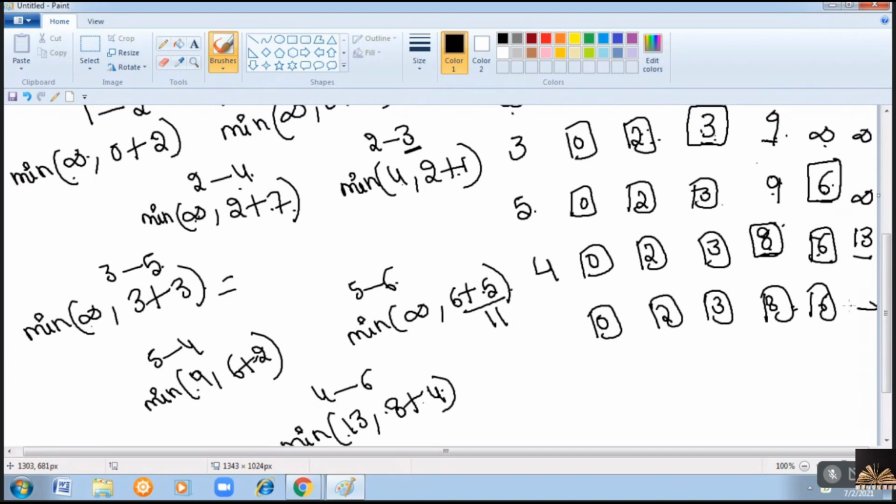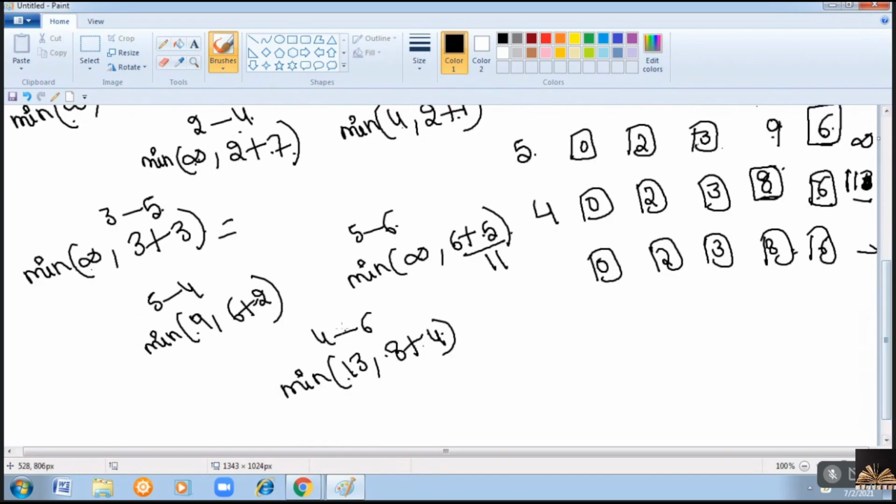So 5 to 4. In place of 13, we will write 11. Okay. 5 to 6. Yes. So this destination value will be now 11. Right?